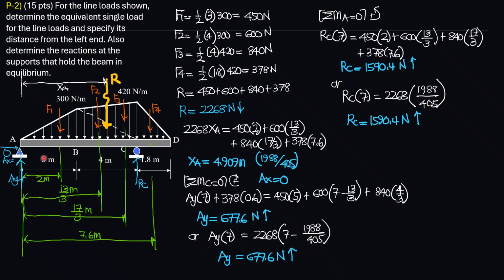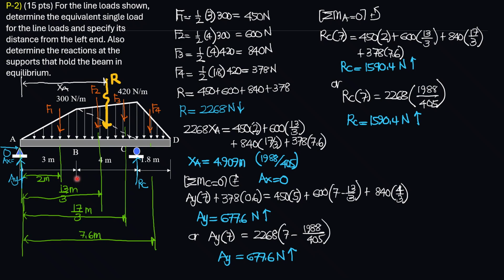Then for the reaction, summation of forces in X is 0, so AX is 0. Then for AY, we sum up moments about C, so considering the entire system, and I will also consider an alternate solution, the resultant here. So I'll use the longer way because that will improve your thinking skills, not the shortcut way.